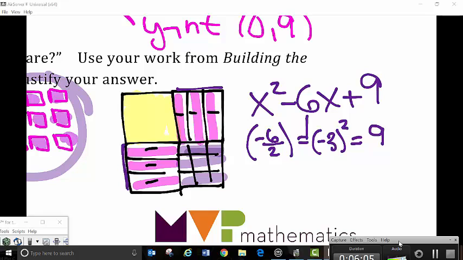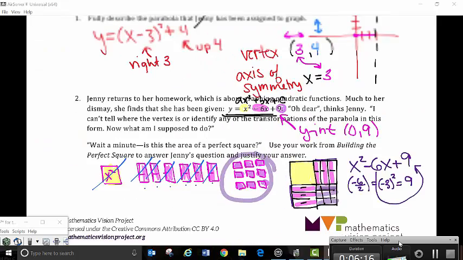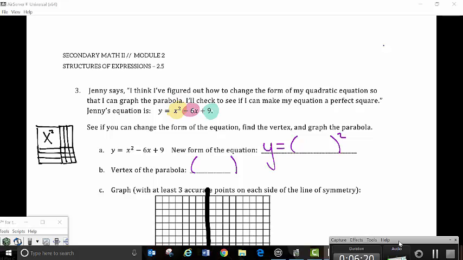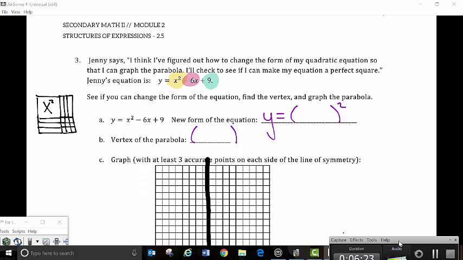Sure enough, half of the middle number squared is 9. So if you can take half the middle number and square it, and you get this end number, or half of b squared is c, then it'll make a perfect square. So we're back to that picture right here. I want you to write the new equation. So take this original one, and I've recolored it.